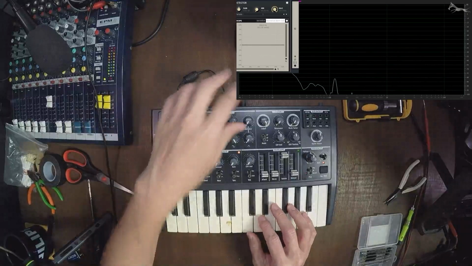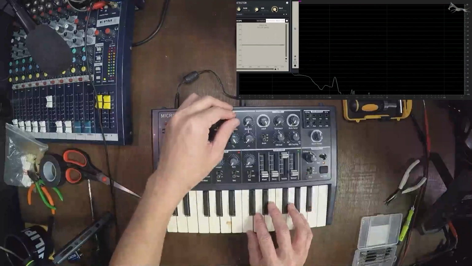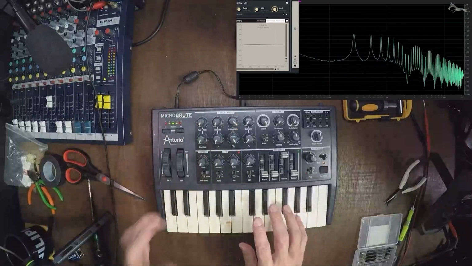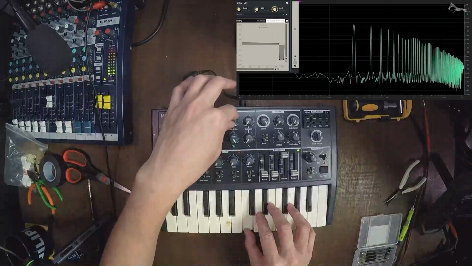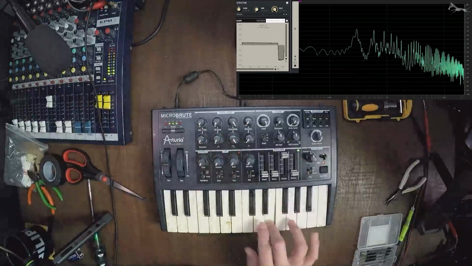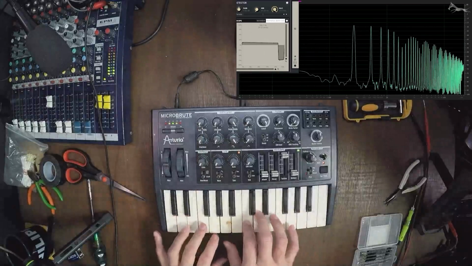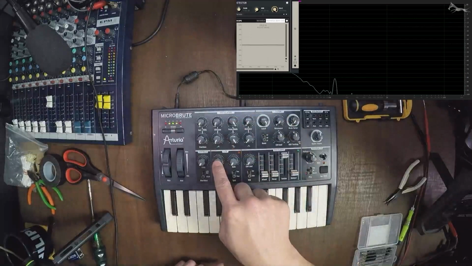Otherwise, it's stable once you have it set. It's just when you sweep it, it's a bit noisy, but once you have it set, does that mean when we modulate it, it'll be noisy still?